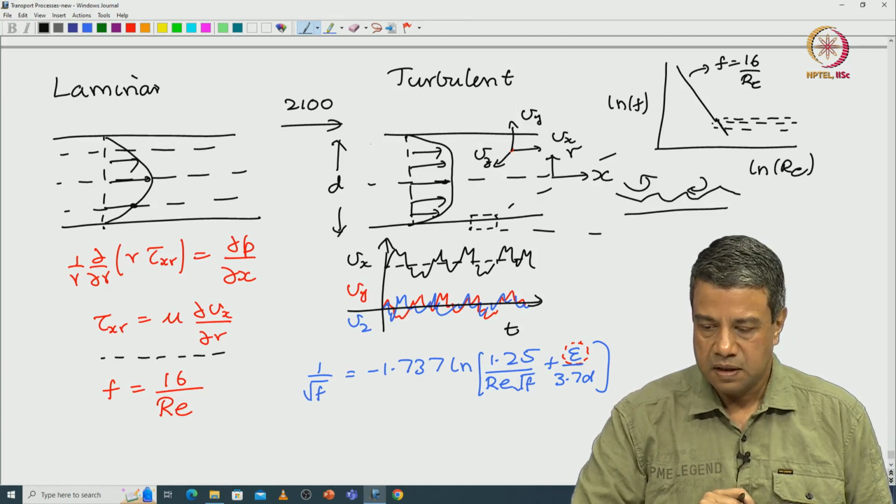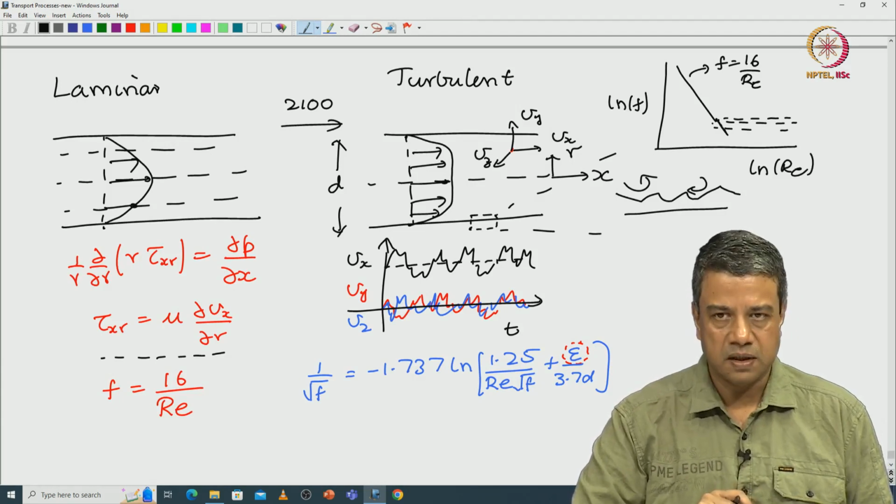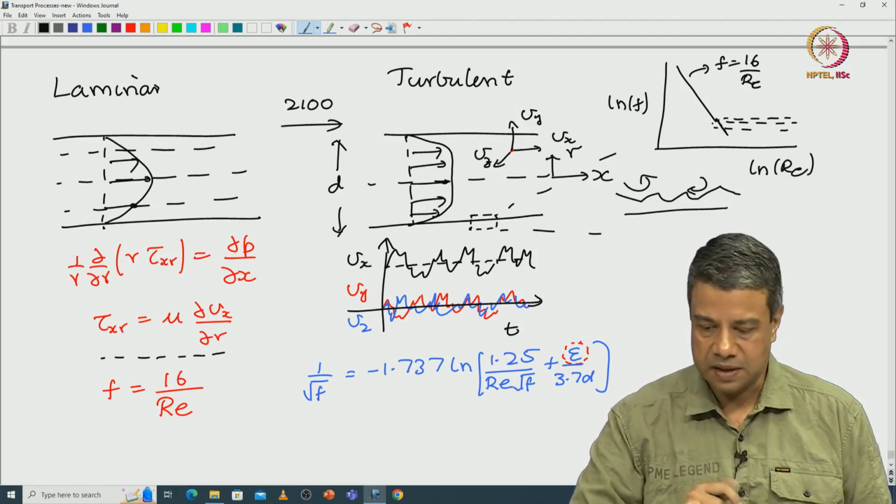And this decays much slower in comparison to the 16 by Re that we had.